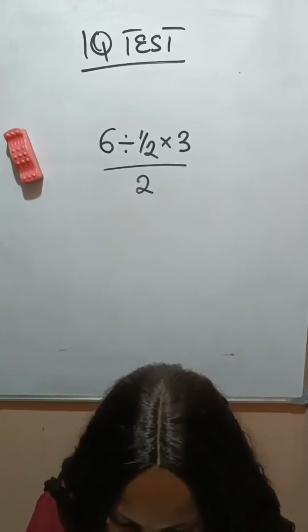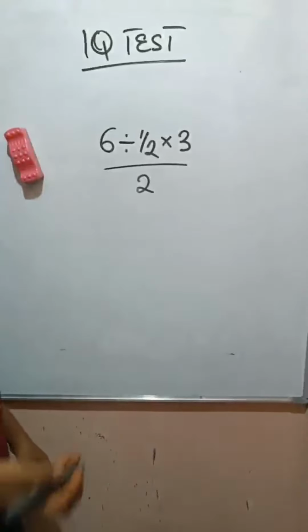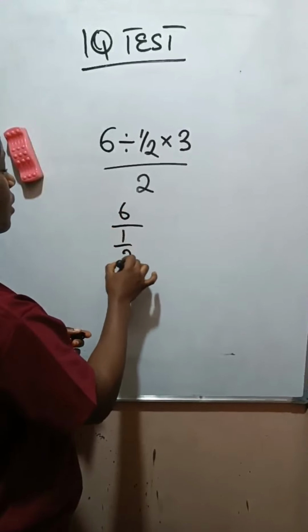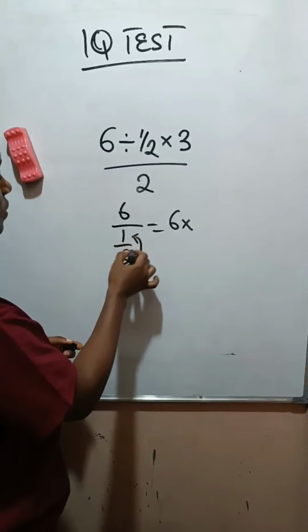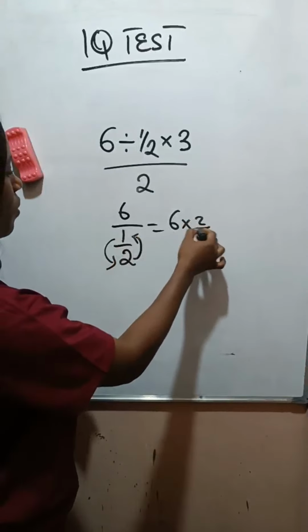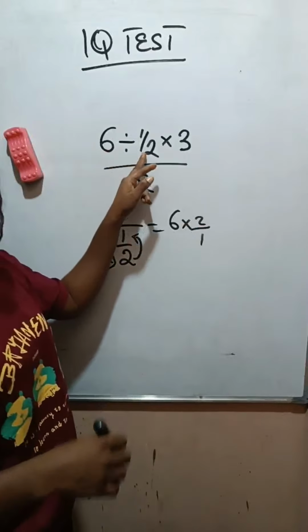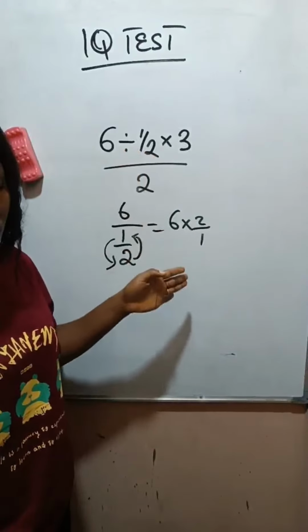Now, let's solve it together. 6 divided by half is the same thing as 6 multiplied by the inverse of this, which is 2 over 1. So when you divide a number by half, you're actually multiplying that number by 2.